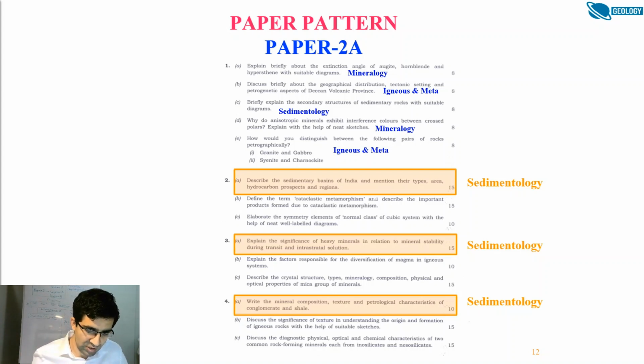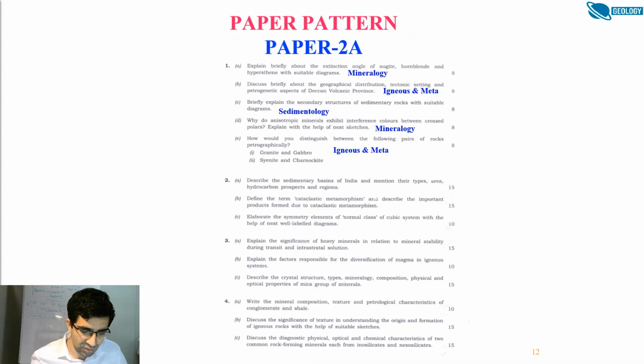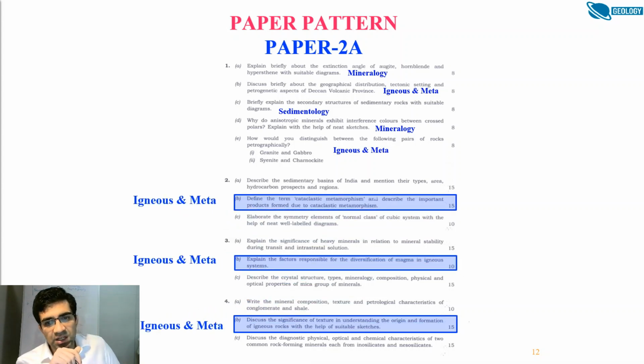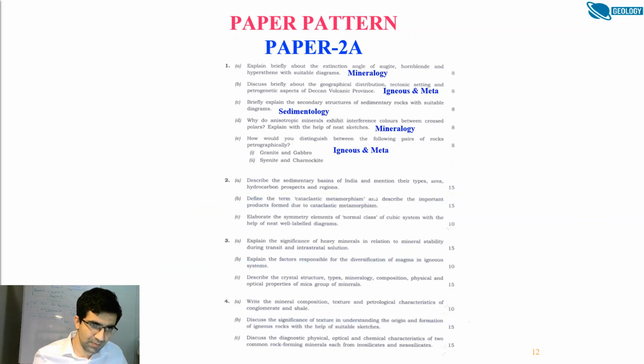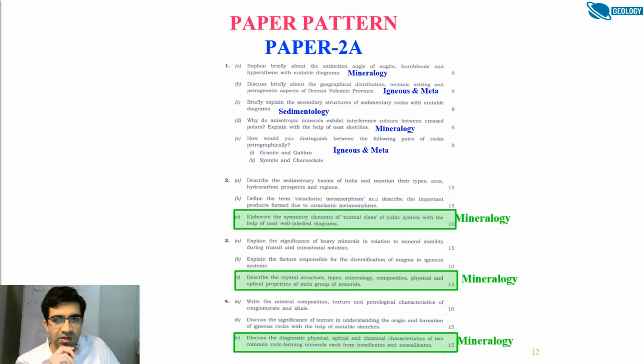So again, a slight variation from the pattern that you saw in paper 1. For igneous and metamorphic petrology, it's 15, 10, 15 again. Part C of each question is again 15, 15, 10.